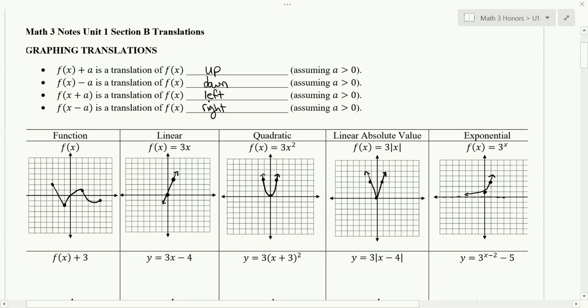So this first one, if this is f of x, I want to figure out, well, what's f of x plus 3? So what's that plus 3 going to do to this original parent graph? Move it up 3. So if we know some key points, we could take those key points, move them up 3 units, and we get our new graph.